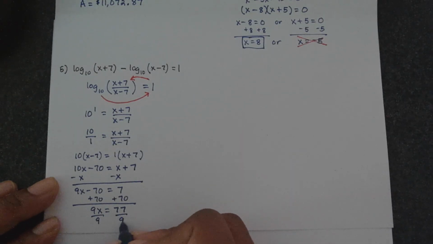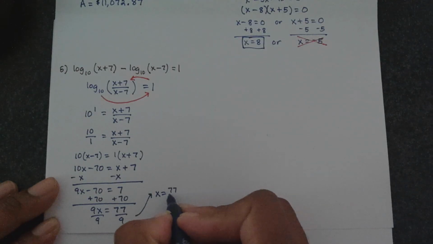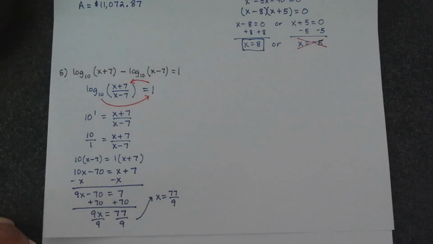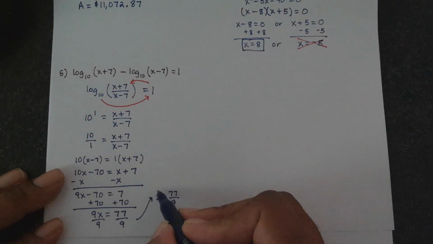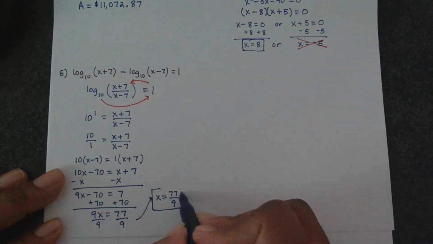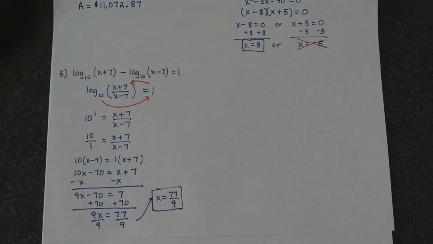Divide both sides by 9. That will mean x is equal to, and I will leave this as, 77 over 9. And I'm not going to get a negative when I replace the x with 77 over 9. So I can say x equals 77 over 9 is the solution to that logarithmic equation.